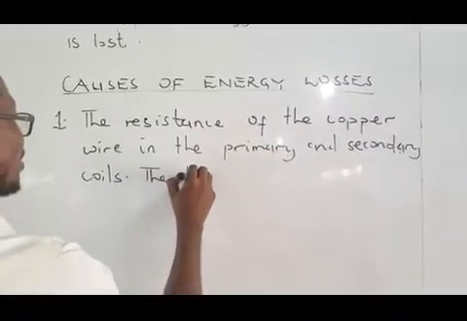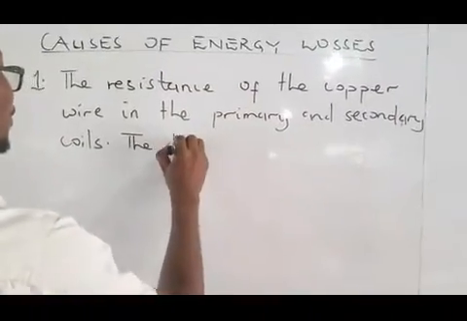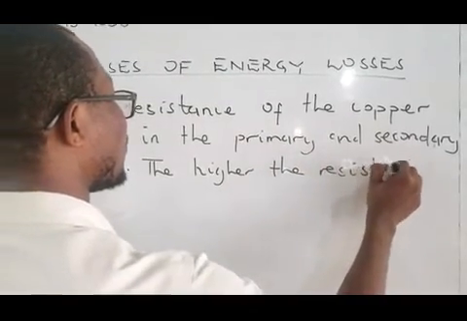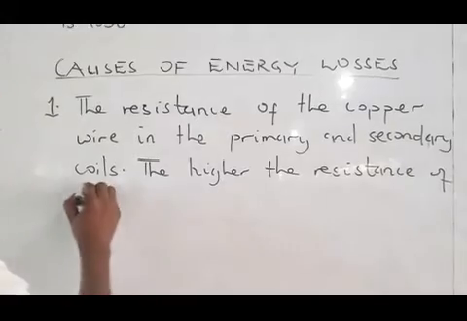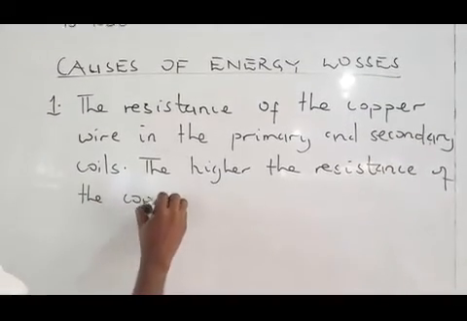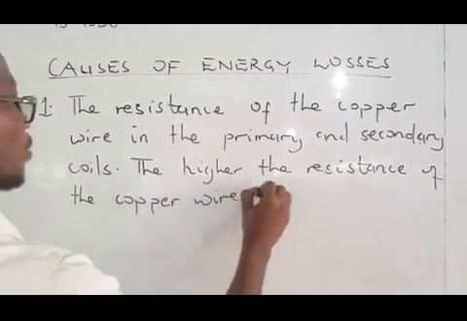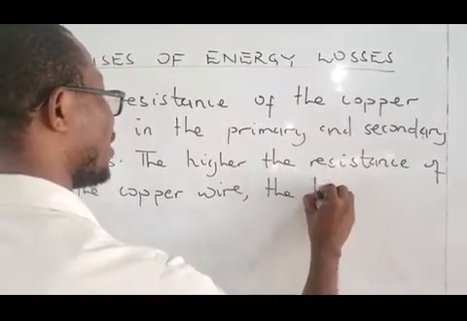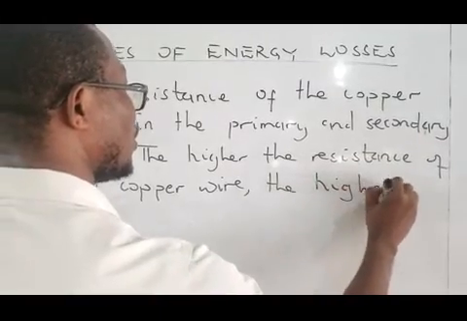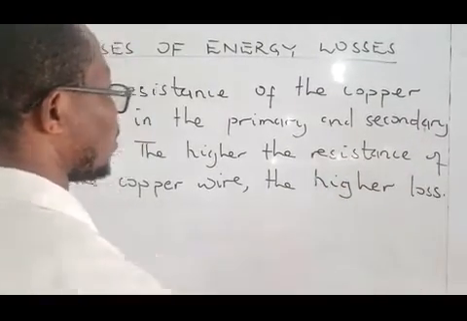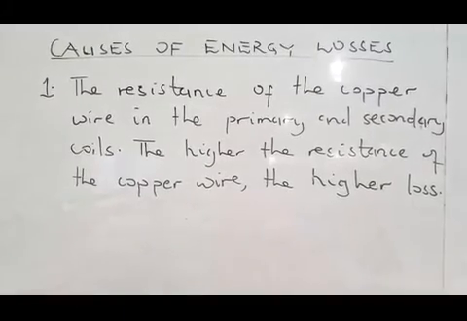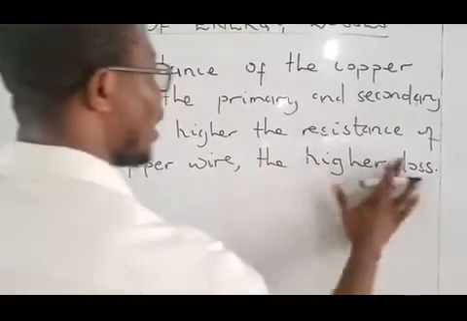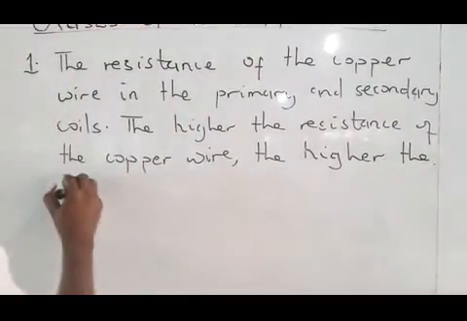As I said, the higher the resistance, the higher the energy loss. So the higher the resistance of the copper wire, the higher the energy loss.